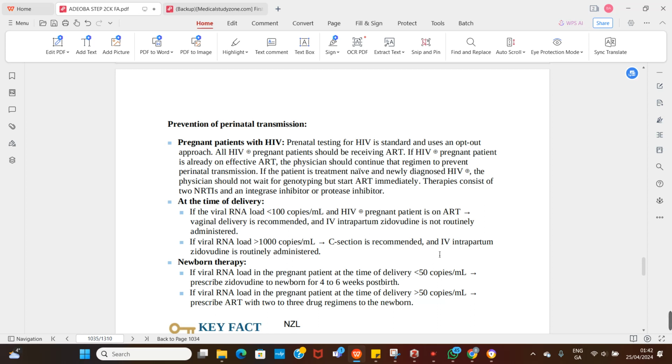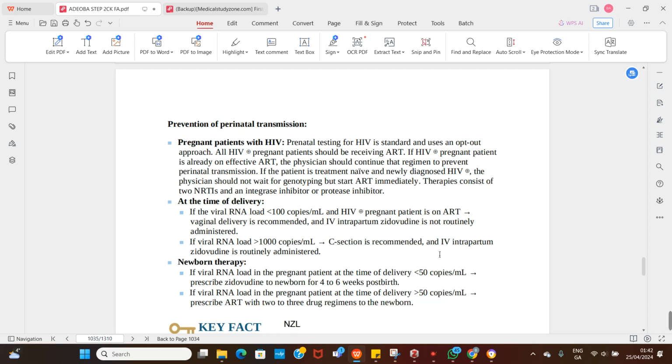If a patient is not on any prior regimen, you have to commence an appropriate ART to reduce the viral load and reduce the chance of transmitting to the child. You don't even need to start doing genotyping and seeing which drug is resistant before you start the common one. Pick two of those NRTs and combine them with an integrase inhibitor and work with that while you start doing your genotyping data so that you can switch.